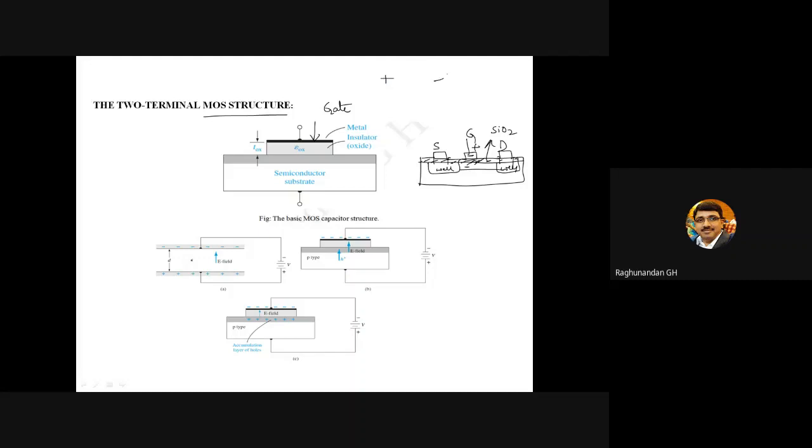Type means positive, negative. Positive charge, negative charge. So my question is, the charge on the gate and the charge on this channel will be same or different?